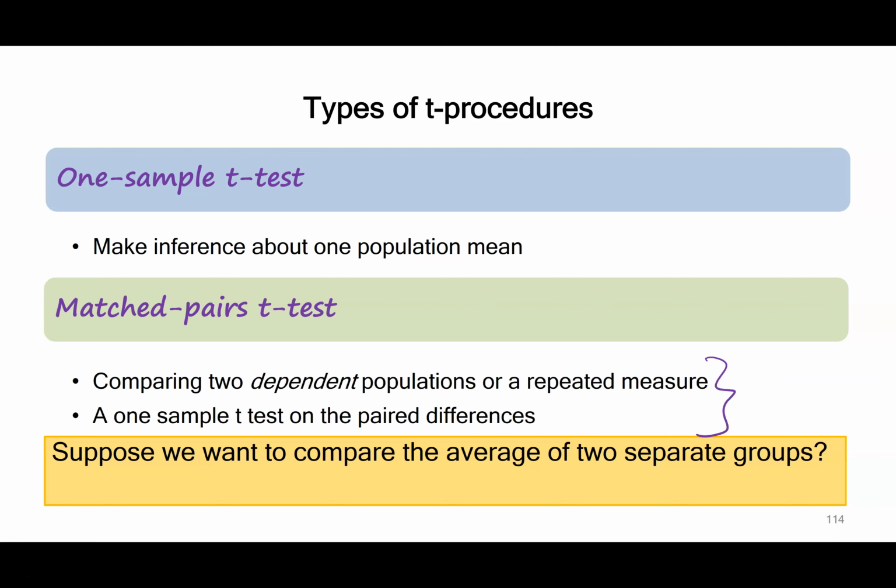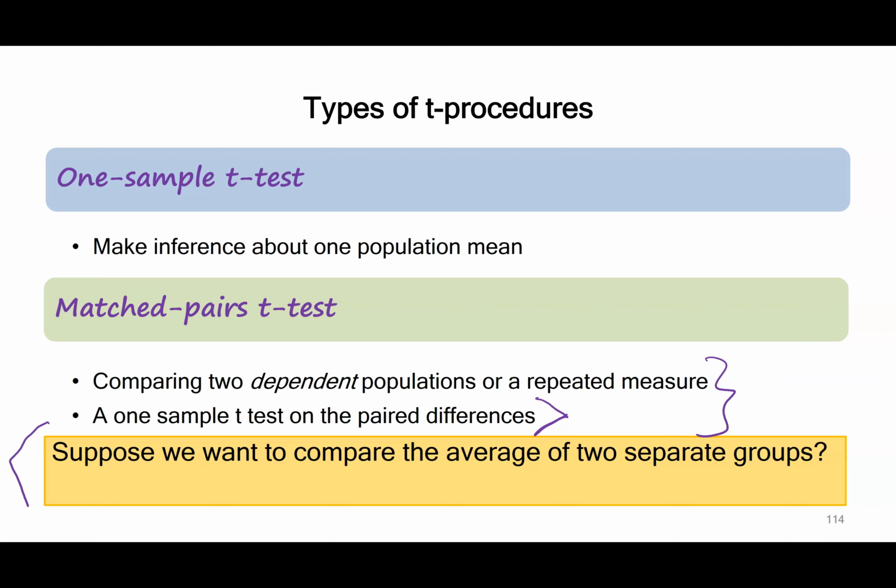They're perfectly matched. You're not going to have folks that are matched to more than one. And you basically end up doing a one sample t-test on the differences. So instead of taking sample 1 and sample 2, you take the differences and then run a t-test on those differences, usually testing to see, hey, is it different than, greater than, or less than 0?